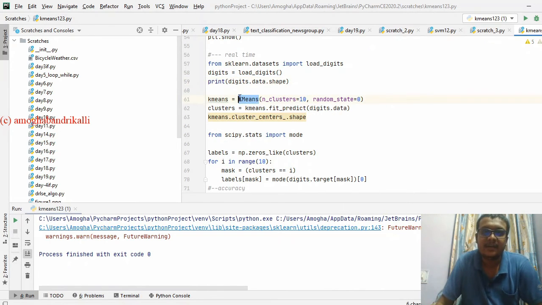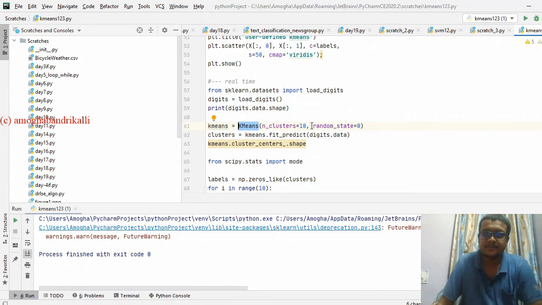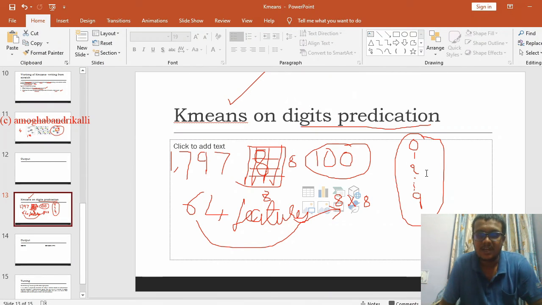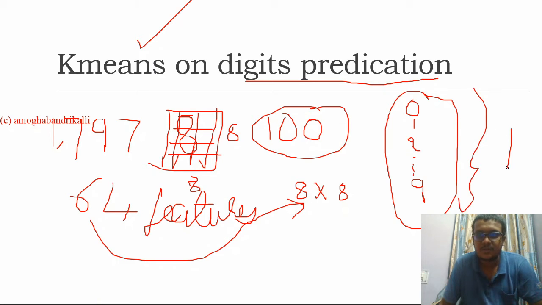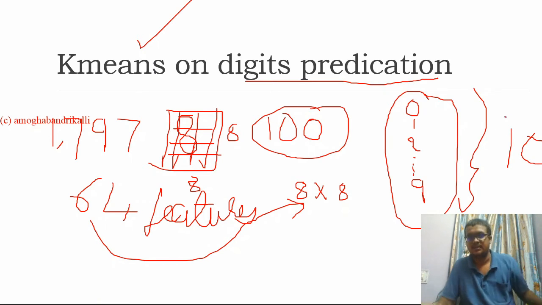We are taking KMeans, which has been loaded from sklearn. We are having clusters of 10. Why this number 10? I was discussing this 0 to 9. If you count 0 to 9, you need 10 clusters.